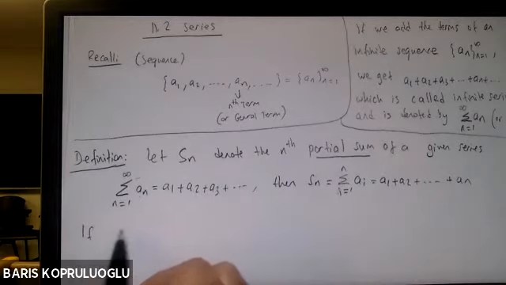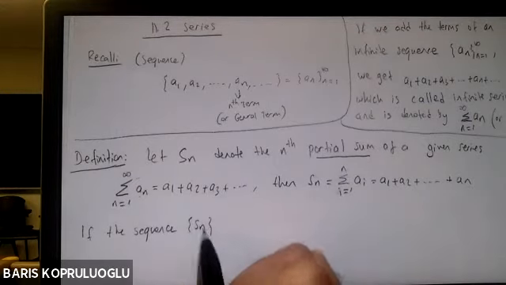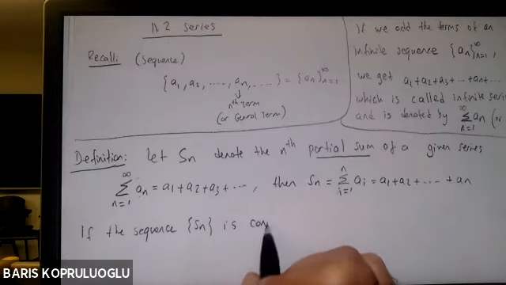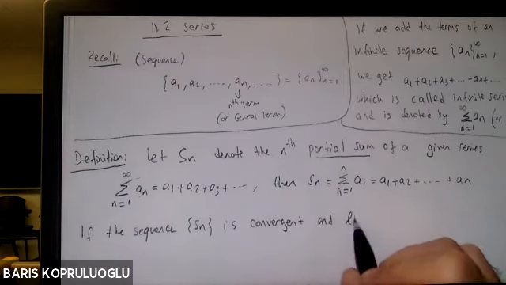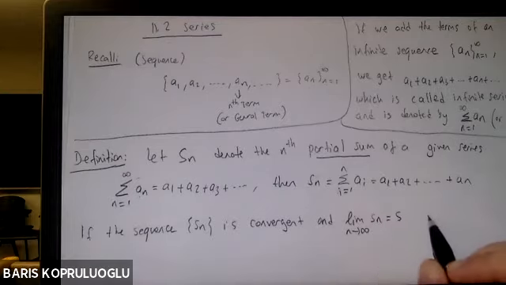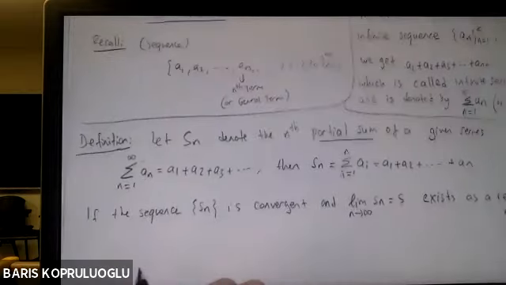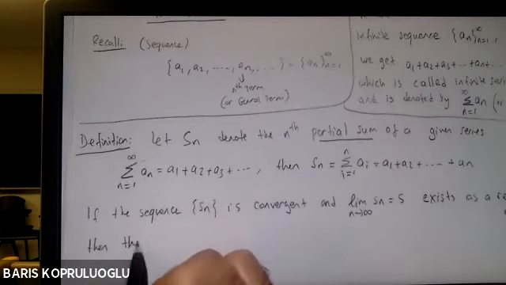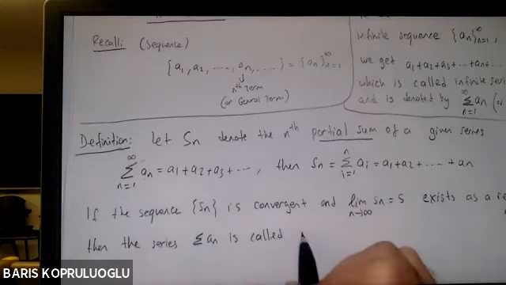If the sequence S_n, the sequence of partial sums, is convergent, which means the limit of S_n is a finite number S, exists as a real number, let's say, then the series sum of a_n is called convergent.